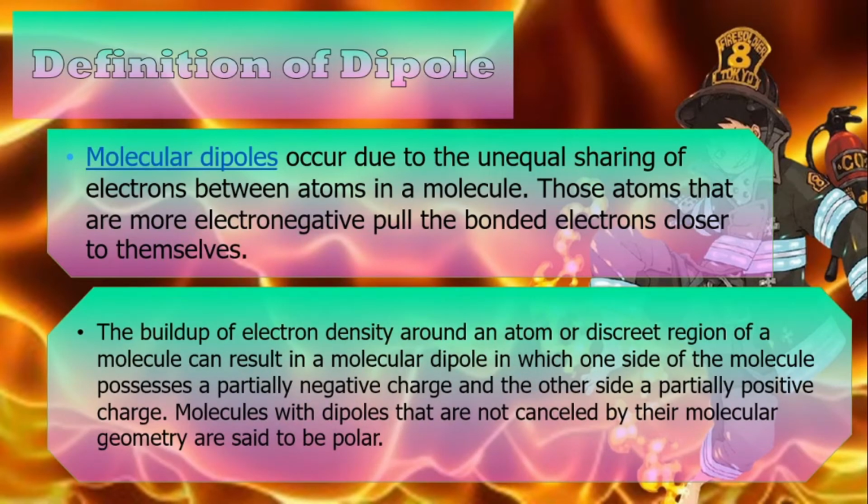The buildup of electron density around an atom or discrete region of a molecule can result in a molecular dipole, in which one side of the molecule possesses a partially negative charge and the other side a partially positive charge. Molecules with dipoles that are not cancelled in their molecular geometry are said to be polar.